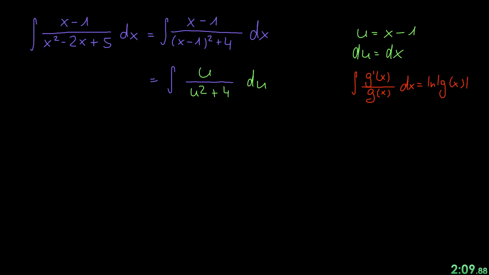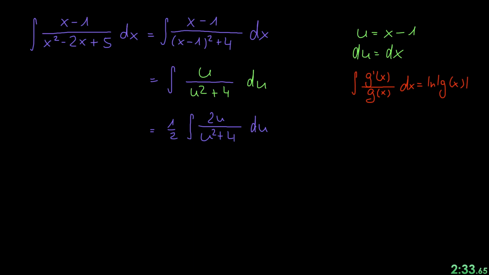If we look at the denominator, the derivative of that is 2u. So we're going to just put a half in the front and put 2u at the top, divided by u squared plus 4 du.